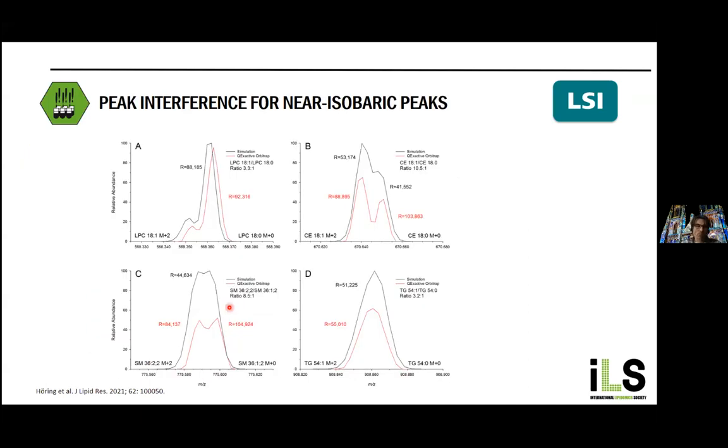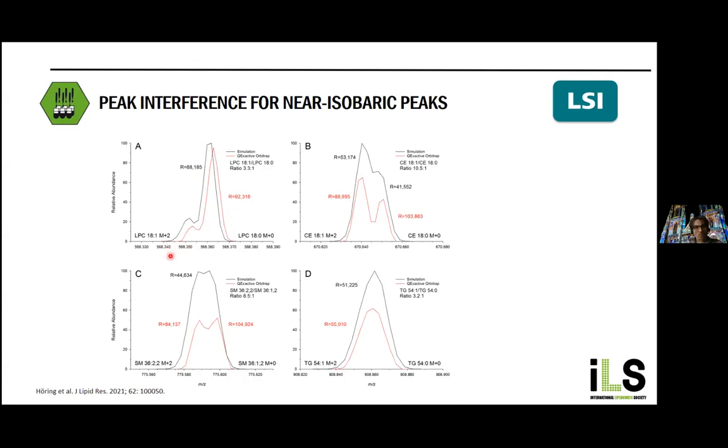Some of you may know that FTMS, or Orbitraps in general, may have problems with near isobaric peaks, and that is the case here. You see a comparison of simulated and detected isotopic profile here.